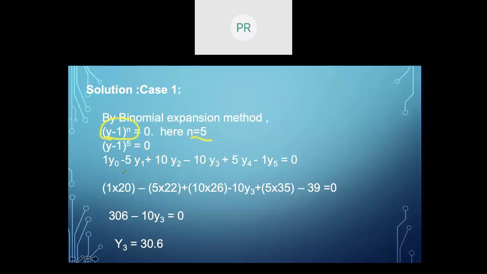So this equation can be very simply written as just write the values of y0, y1, y2, y3, y4, y5. Signs are always alternative, plus minus, and then these values of 1, 5, 10, 10, 5 and 1 are carried from our Pascal triangle where n is equal to 5.